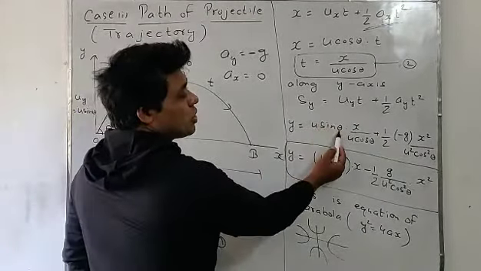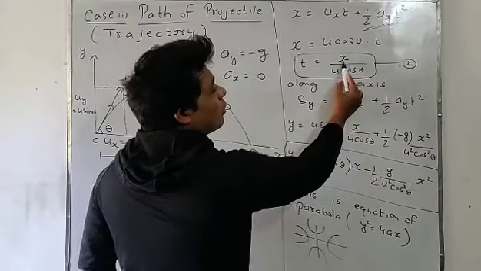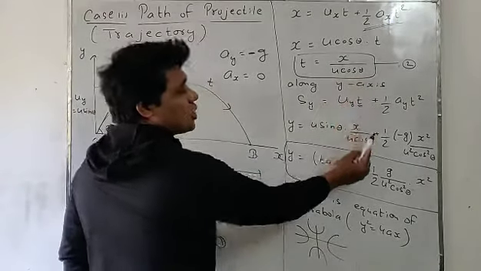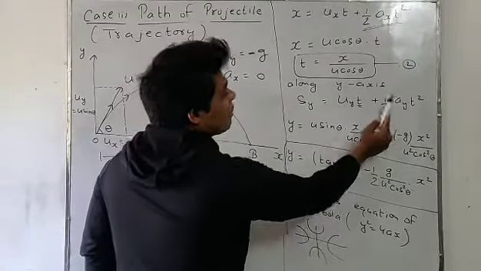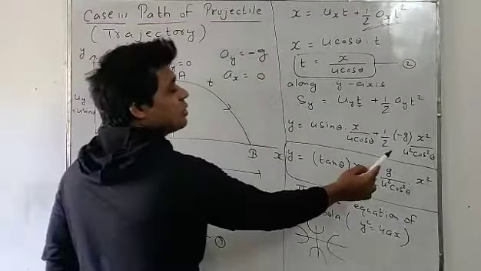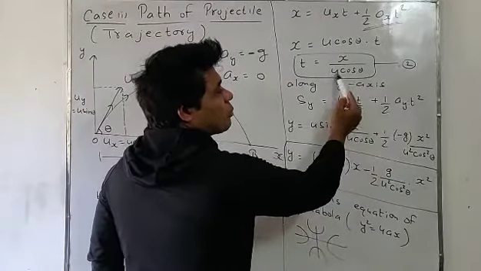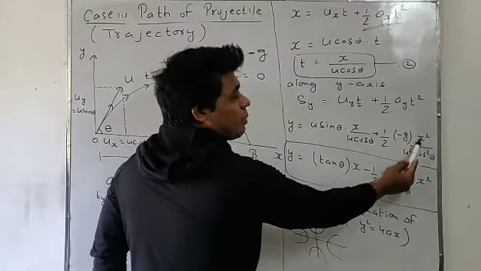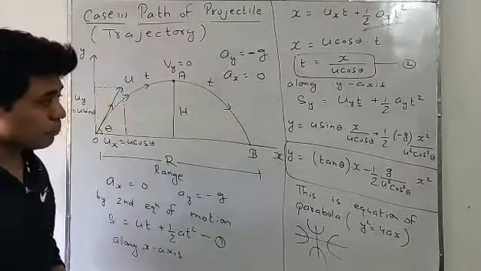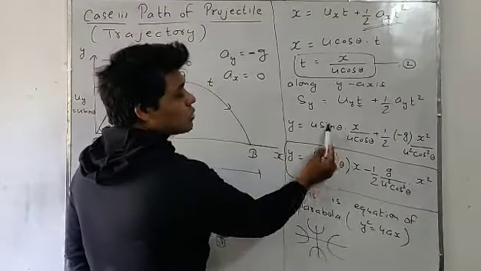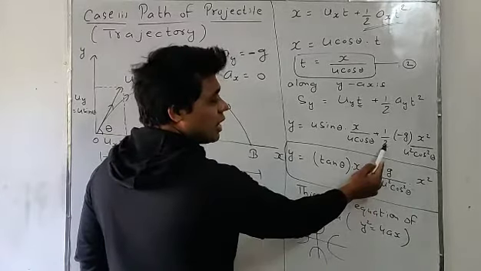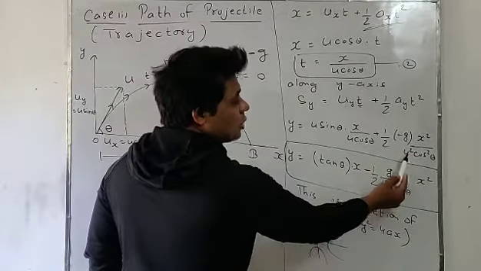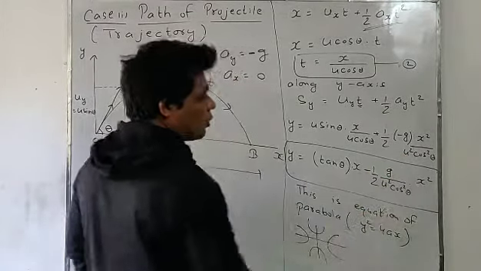So uy is replaced by u sin theta. Time that we found from the second equation is x upon u cos theta. Half as it is, ay is minus g. Time squared becomes x square upon u square cos square theta. u and u cancel out, sin by cos is tan theta. So y equals x tan theta minus half, g upon u square cos square theta, times x square.